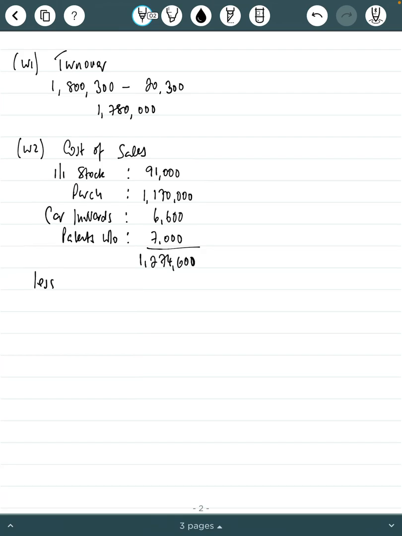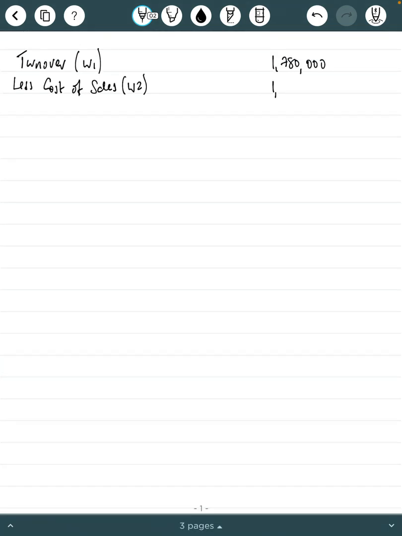Last thing we need to do then is less our closing stock, and the closing stock figure there is 86,000. Taking those away from each other, we get 1,188,600. So we can go back up now and put that in for our cost of sales. And that gives you 591,400, and that there is your gross profit.